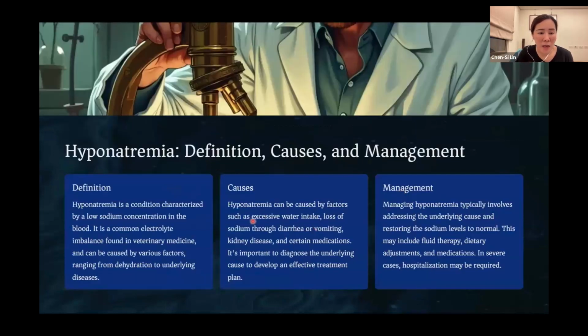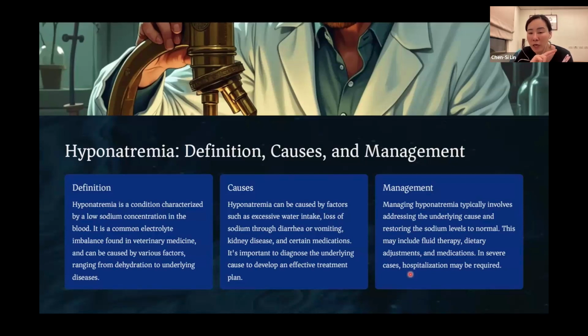We already mentioned this in the previous slide, but right now we will focus on management. If the case suffers from hyponatremia, first we need to address the underlying causes. We've already mentioned the kidney, GI problems, or hormone imbalance.